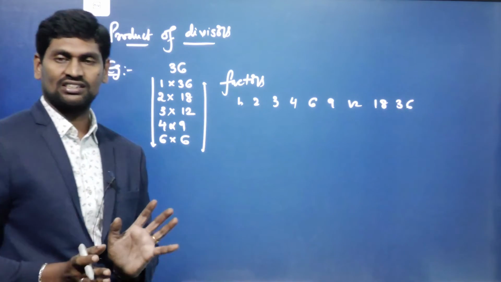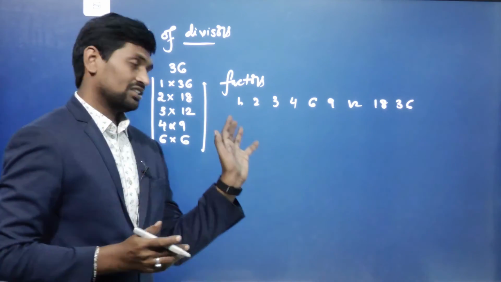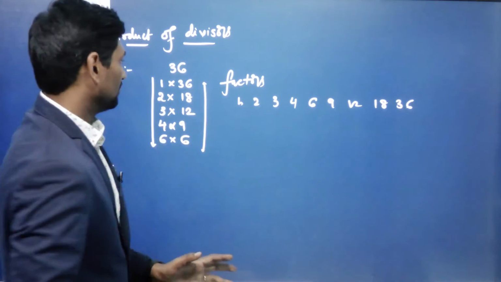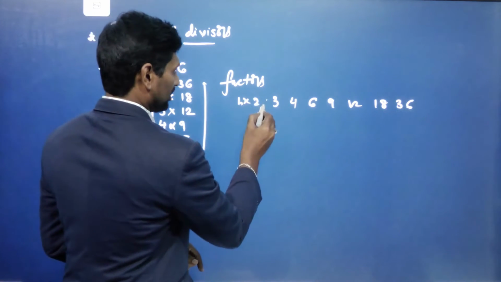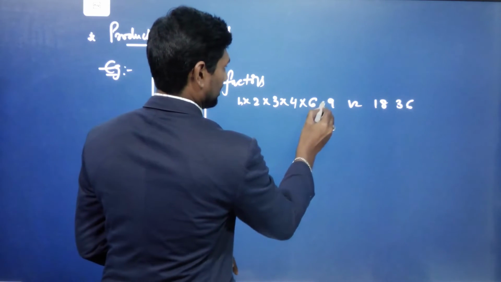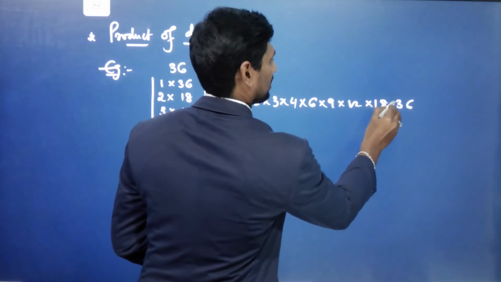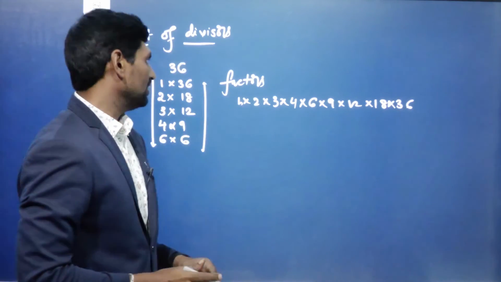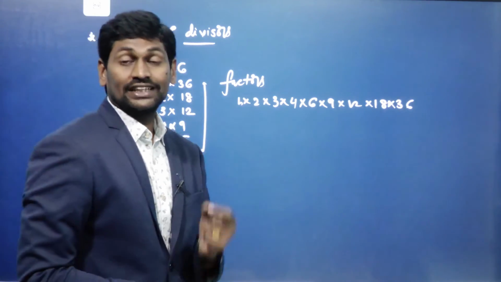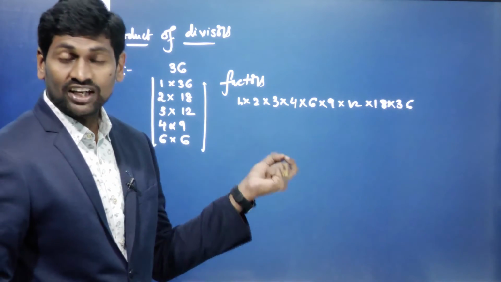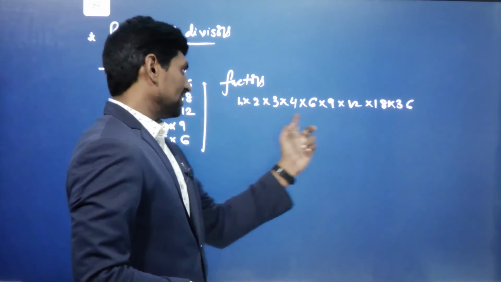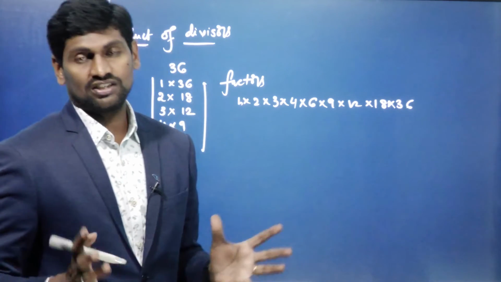Just imagine the answer. If you multiply all these, a very lengthy answer will come. That means addition is somewhat different from multiplication, right? Multiplication means very huge numbers will come. Just for that composite number I have taken 36, but it will get a very large answer, right?